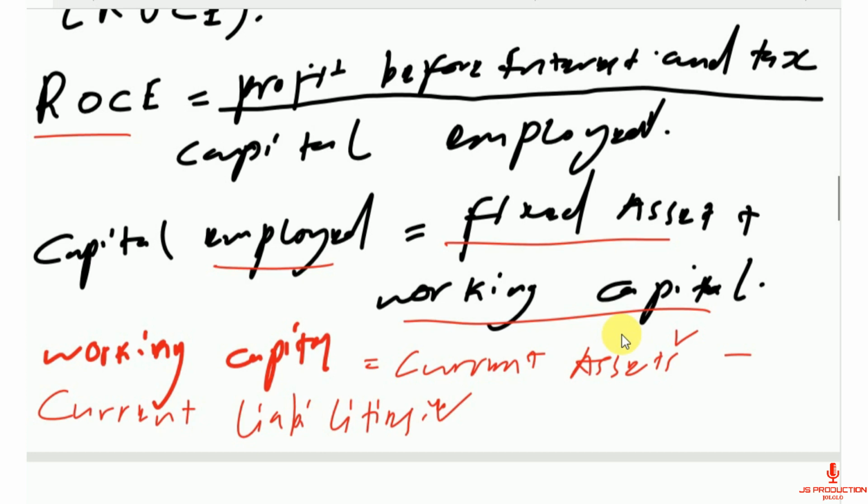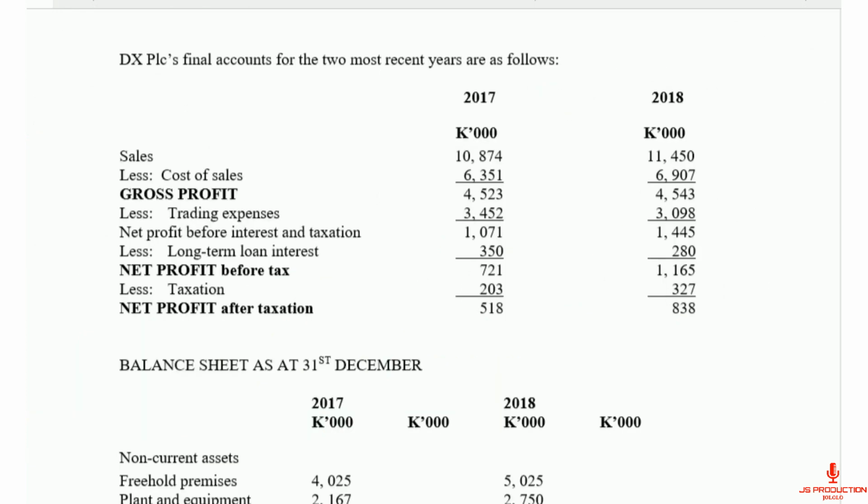So there is an example here, and for this example we have the balance sheet and the profit and loss as you can see. From this information we can calculate the return on capital employed for 2 years, 2017 and 2018.